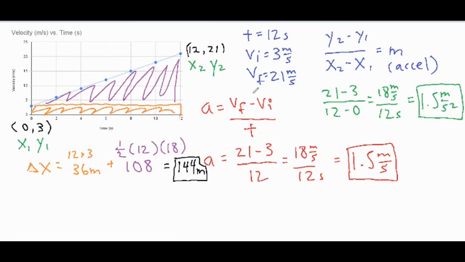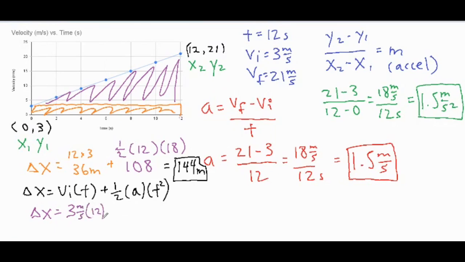Now, if I want to use the kinematic method, I would use something like this. I would go ahead and write down all my known variables and then plug things in. So if I were to use this formula, I could just as easily get the same solution. So my delta x equals v_i, which I know is 3 meters per second, because that's my y-intercept, times my total time of 12, plus 1/2 times my acceleration, which I now know is 1.5, and then my time is still 12.